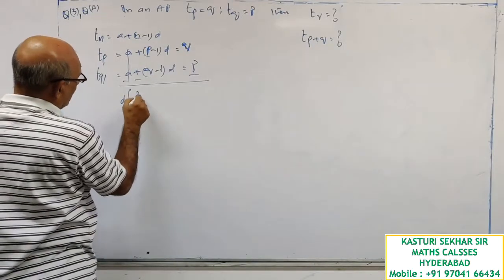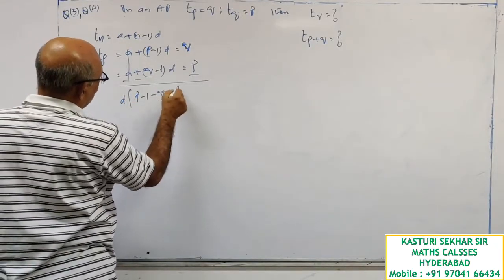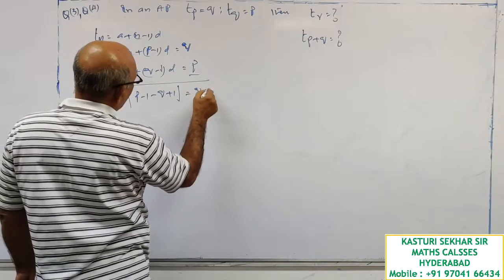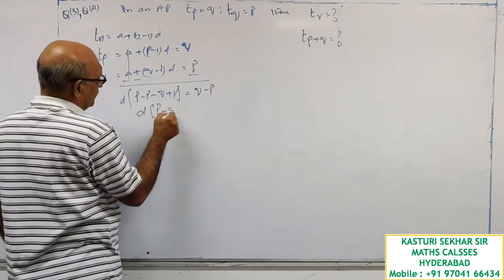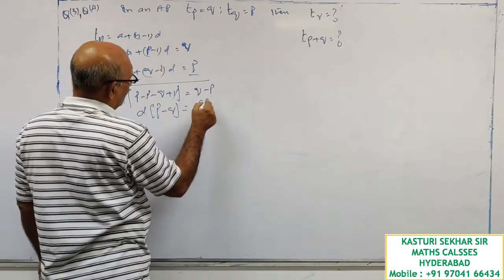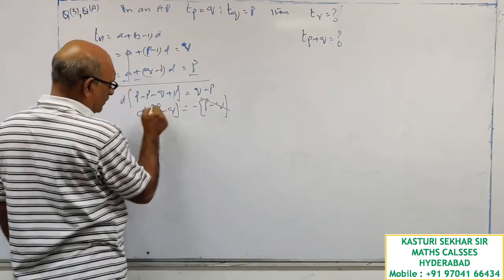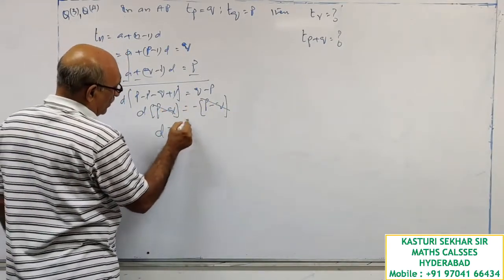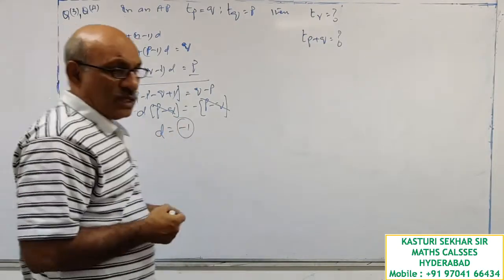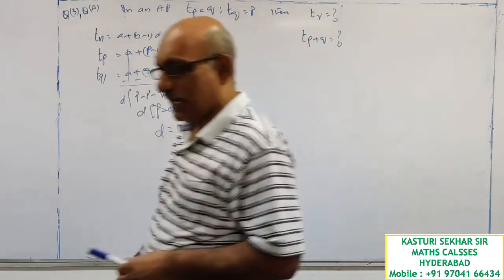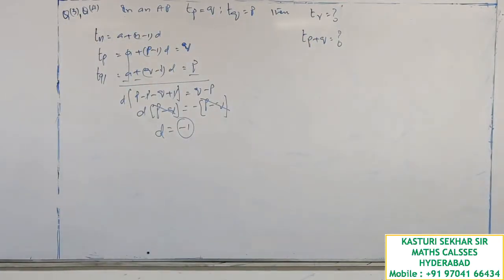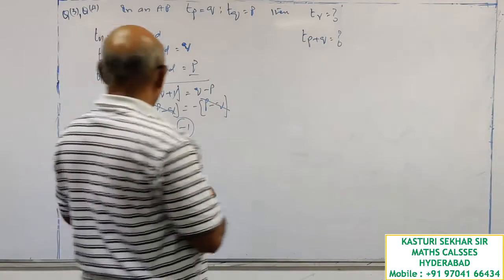When I take d as common, p minus 1 minus q plus 1 is equal to q minus p. Plus 1 minus 1 cancel. If I take minus as common, it is p minus q. D is equal to minus 1. Solving the two equations, the common difference value is obtained.